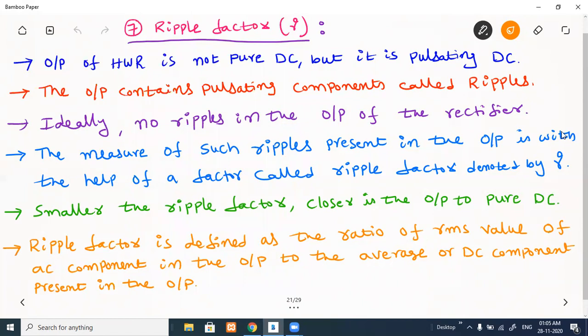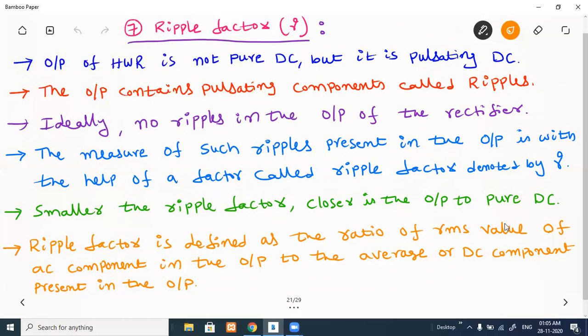So, the measure of such ripples present in the output is given by a factor called ripple factor, denoted by gamma. This ripple factor gamma represents how smooth the output is. The ripple factor expresses how successful the circuit is in obtaining pure DC from the AC input. Smaller the ripple factor, closer is the output to pure DC.